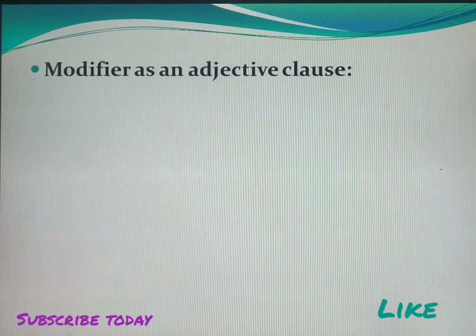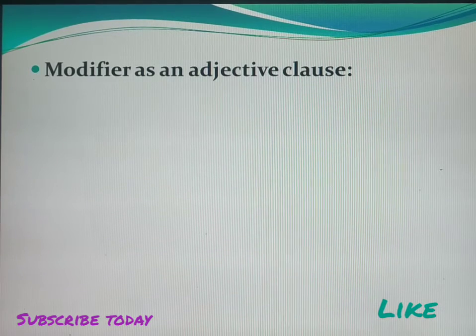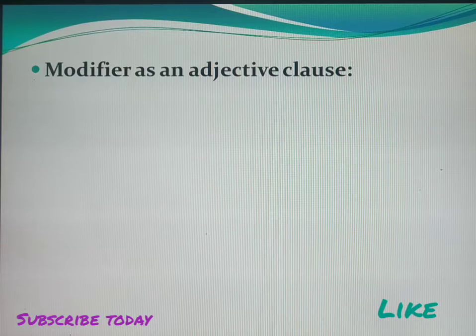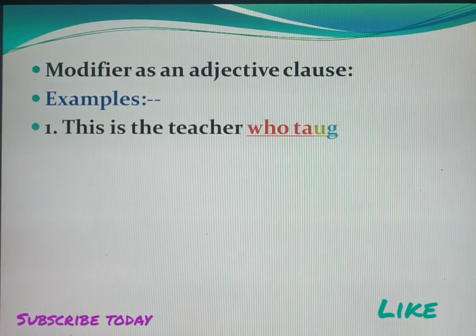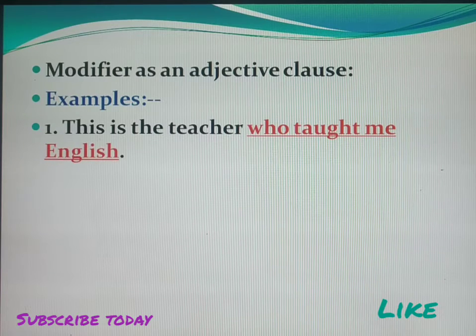Modifier as an adjective clause, or we may say that adjective clause sometimes works as a modifier simply because it adds to the meaning of the word it follows. Examples: this is the teacher who taught me English. Who taught me English adds something, tells us something about the teacher.